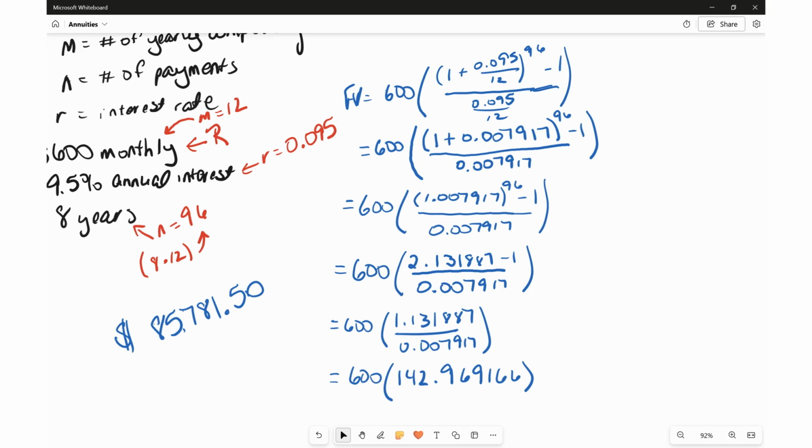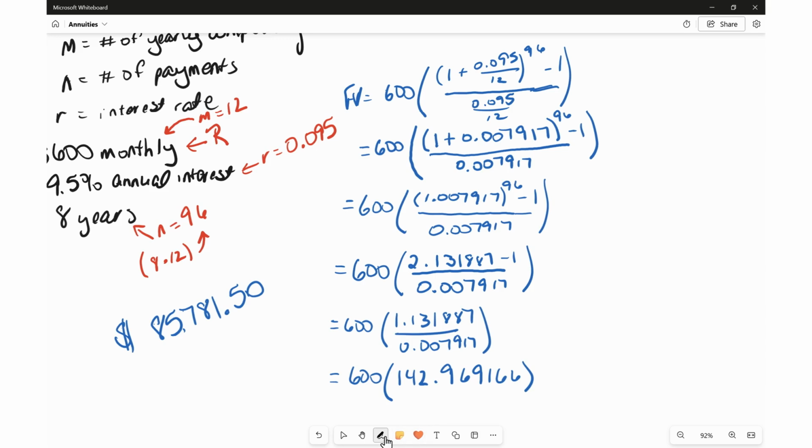And when you consider that, you can see here at this interest rate, in 8 years, you've got over $85,000 saved up, which would be an amazing start to buying a new home. So annuities are a great thing to invest in early on in life. Even if you can't make $600 monthly payments, let's just look at that.